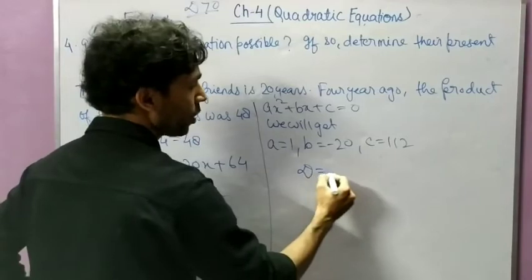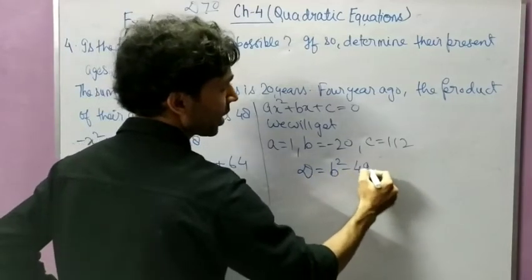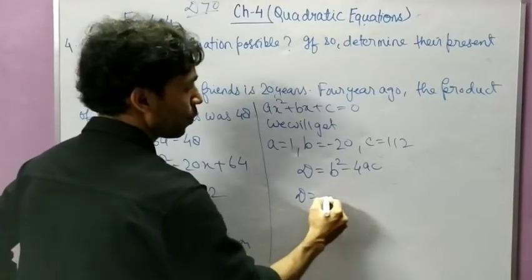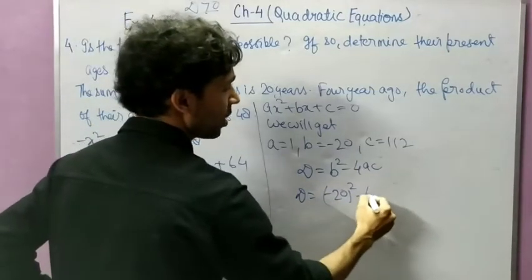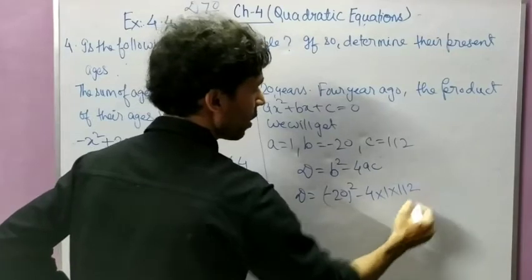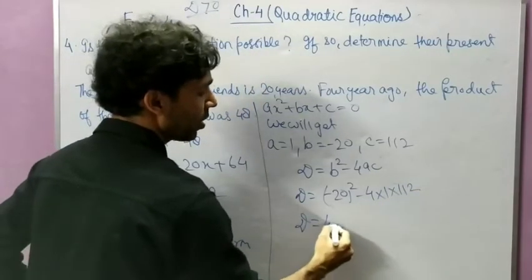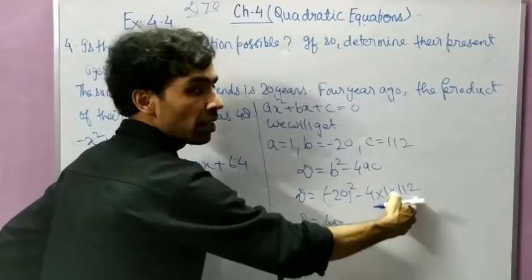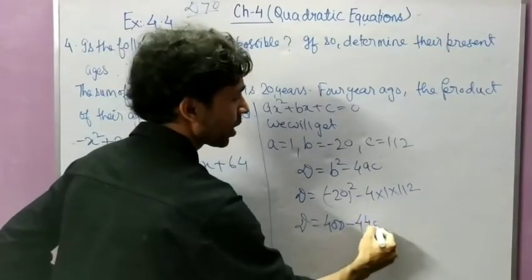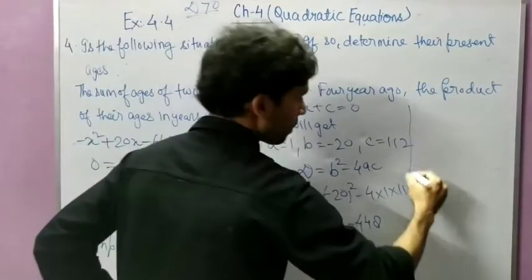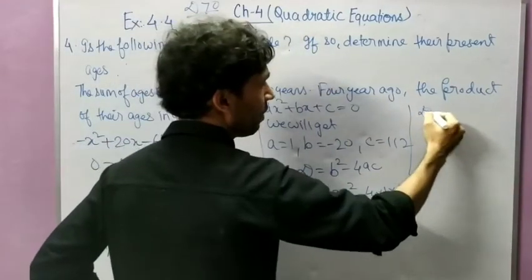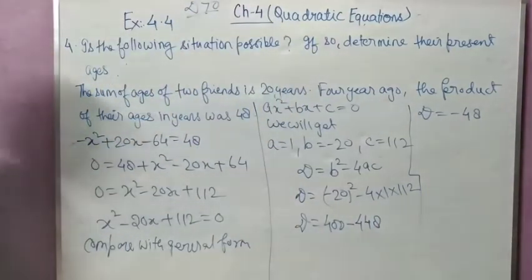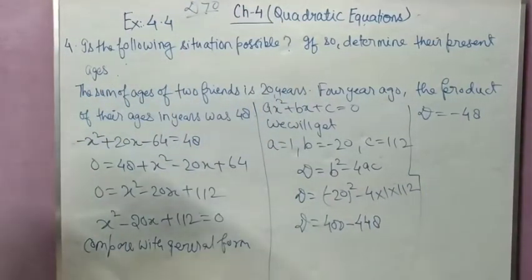So d is equal to b square minus 4ac. Now put the values of a, b and c. So d is equal to (minus 20) square minus 4 into 1 into 112. Now d equals 400 minus 448, because 4 multiplied by 112 comes to 448. So the value of d will come minus 48.